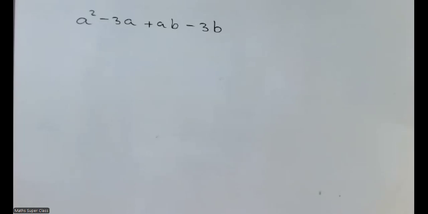Okay. Now we have to simplify this one. That means we have to find out the factors of this one also. How can we do this? Here you have to look at the board very carefully.